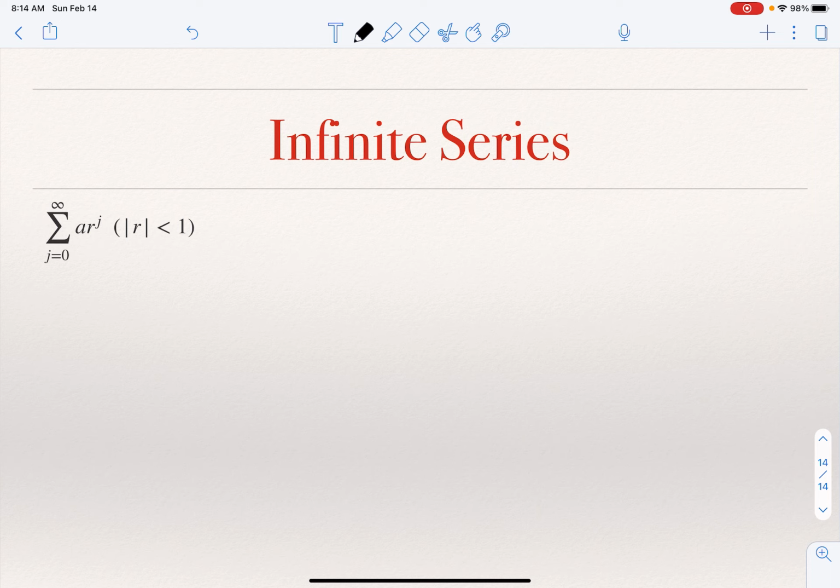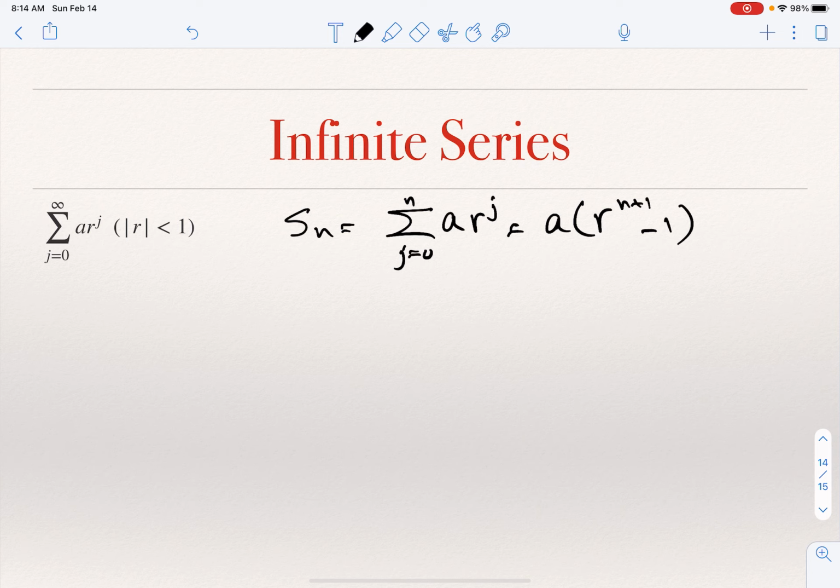Now, one thing to do here is, we know that S sub n, the sum from j equals 0 to n of a r^j, we just calculated, and it is a times (r^(n+1) minus 1) divided by (r minus 1).